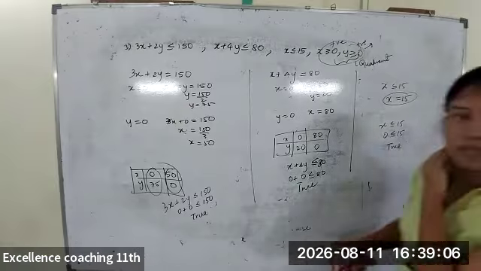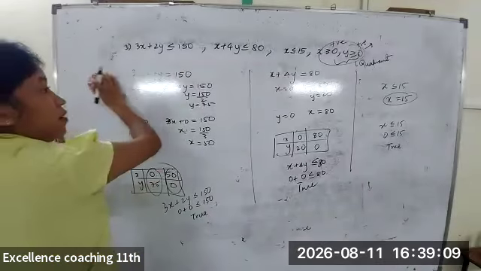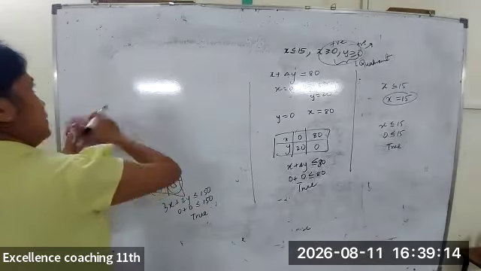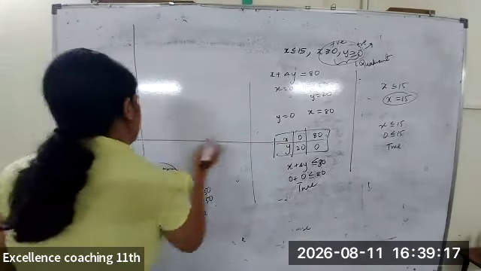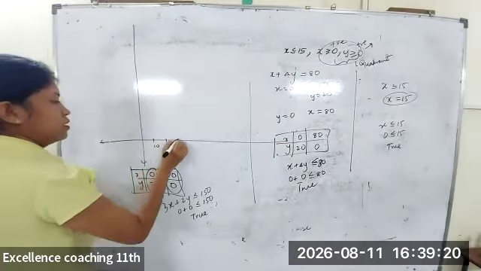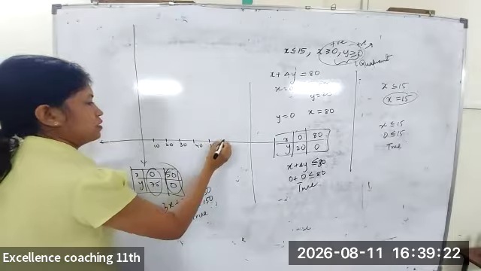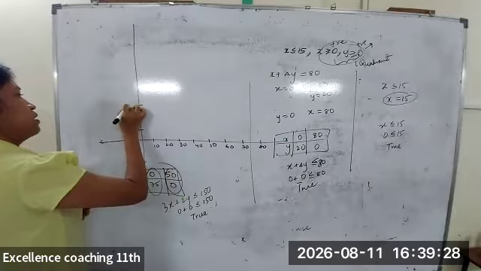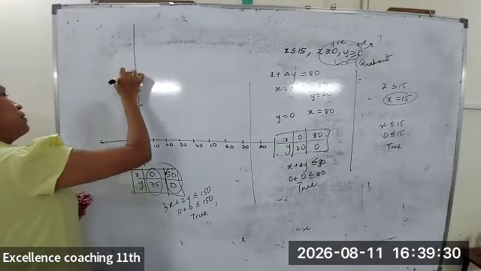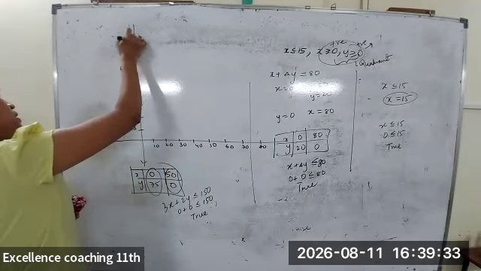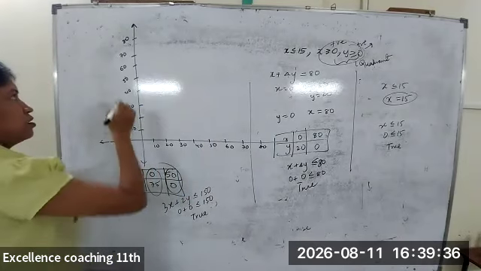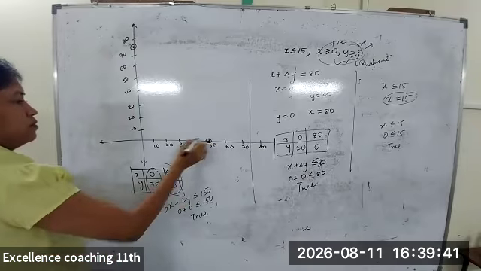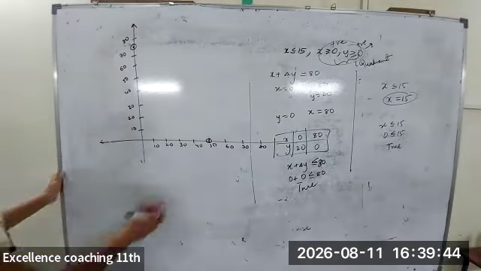75 means middle you can mark. Now there are equal to signs.